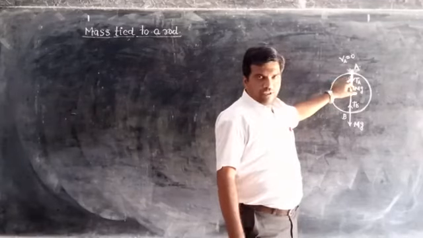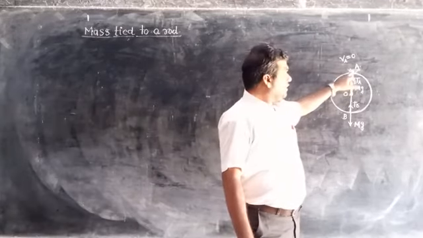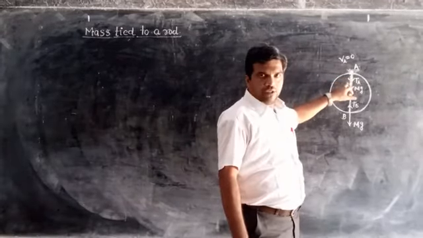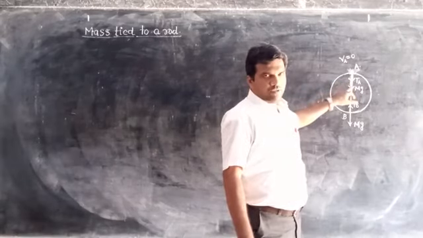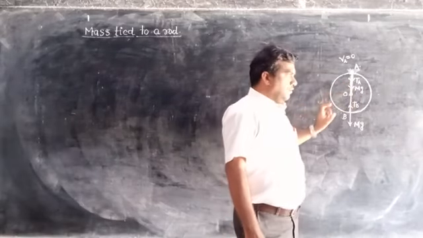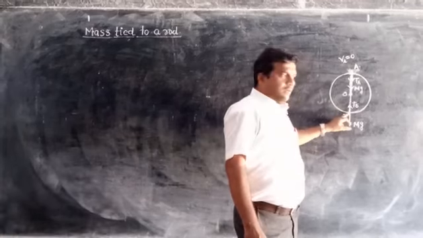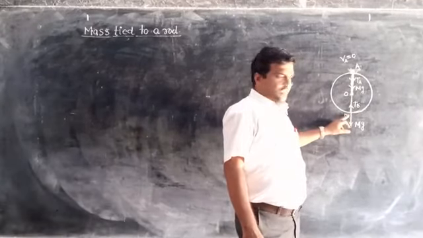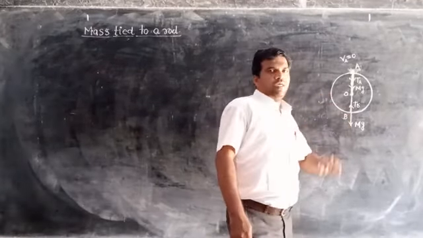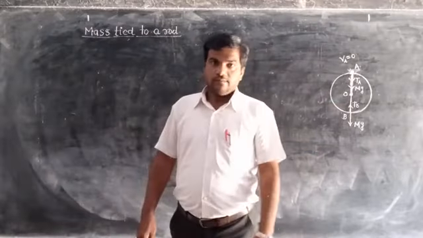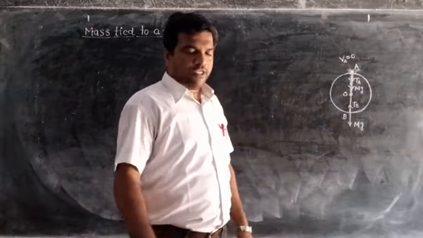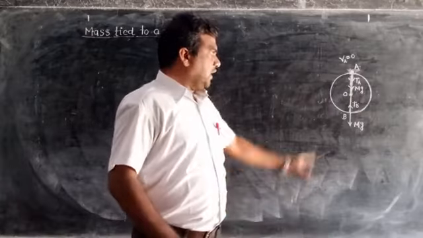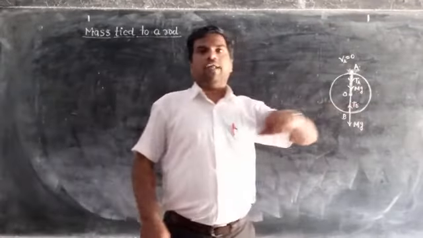So at the highest position, the tension is directed in the downward direction and the weight is also directed downward. Whereas at the bottom or lowest position, the weight of the bob is directed downward, while the tension is directed in the upward direction.